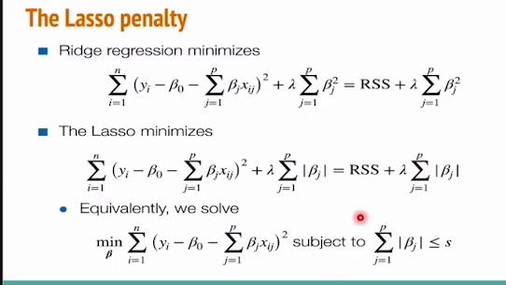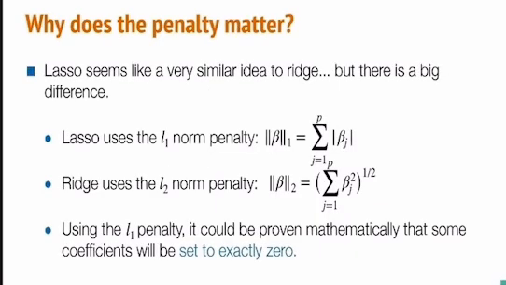Now, why does the penalty matter? Why do I need to apply the lasso penalty? Why do I need to apply the ridge penalty? Of course, I need a lasso penalty if I want my model to be sparse. I don't want an interpretation issue. I want a few predictors in my model. Then I need lasso.